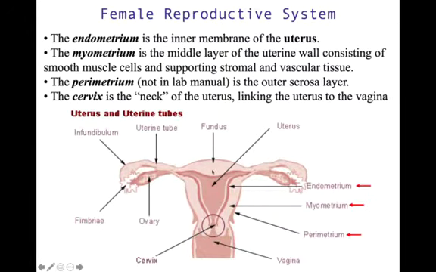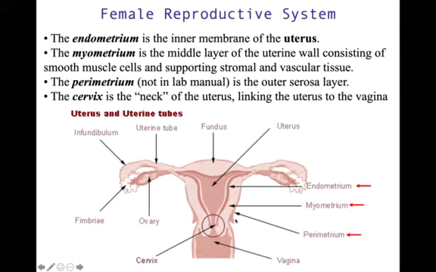Now it is lined with different layers. The inner lining of the uterus, the layer that sheds every menstrual cycle, is the endometrium. And then you have the thick muscular layer, which is called the myometrium. This has smooth muscle, and that's the layer responsible, for example, for uterine contractions during labor.